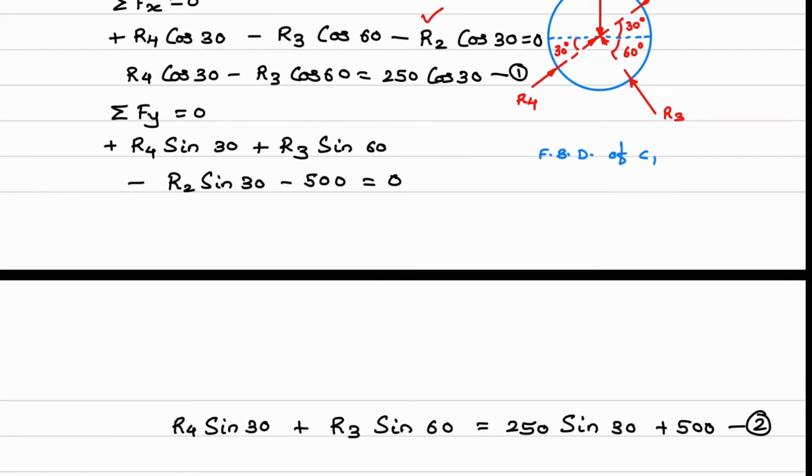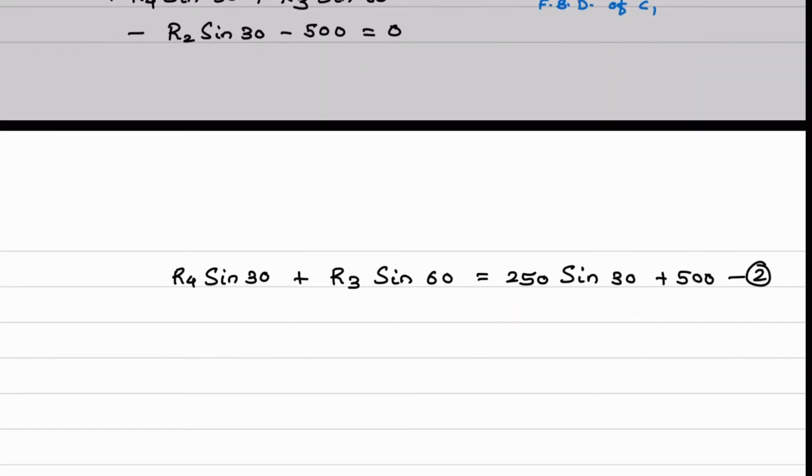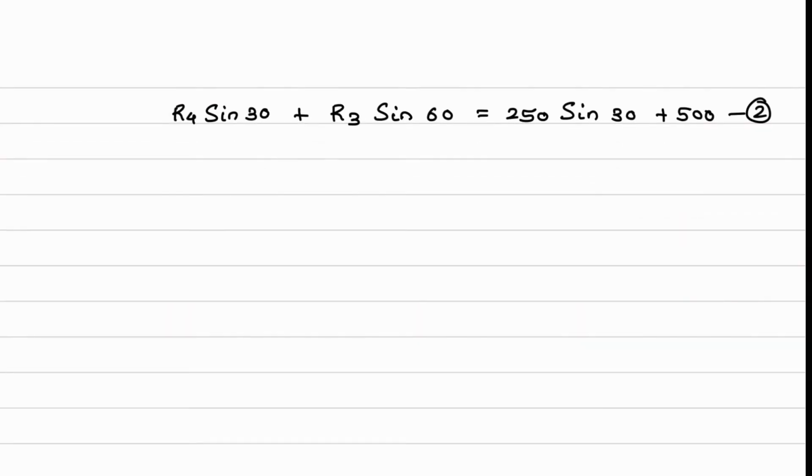So we have to solve equation 1 and equation 2 simultaneously. Here we have R4 unknown in both the equations and R3 is also unknown. So we can calculate this on solving 1 and 2 simultaneously.